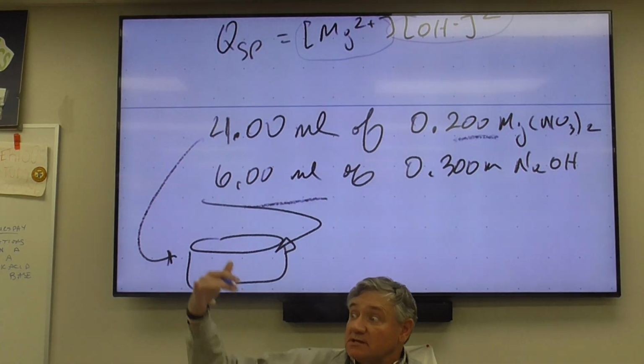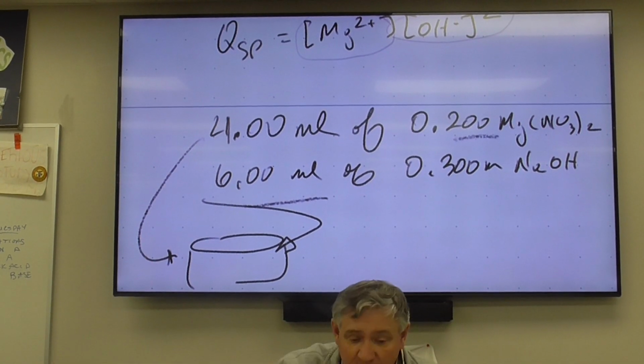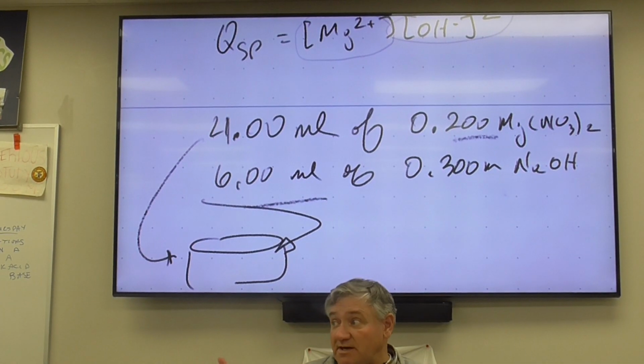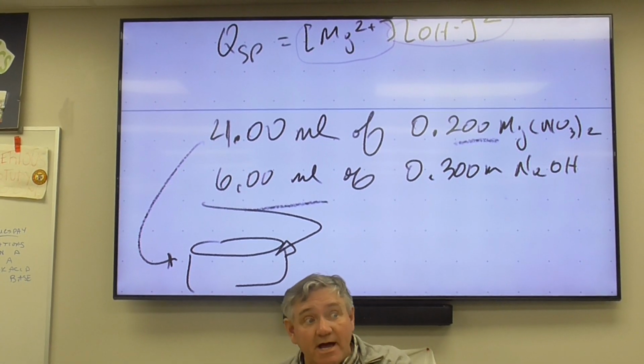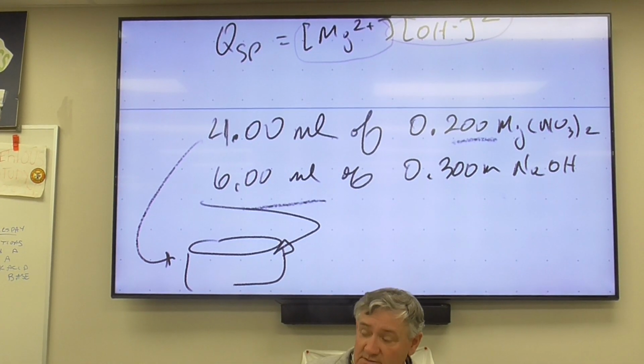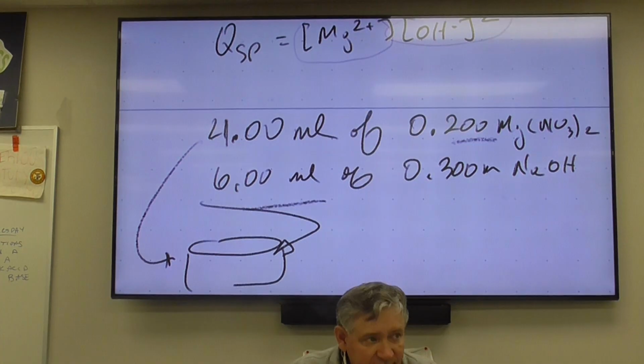It's going to go down because I'm going to put it in more volume. The same thing is going to happen to the concentration of my sodium hydroxide. It's going to go down because I have more volume. So I have to have the concentration right after they're mixed.